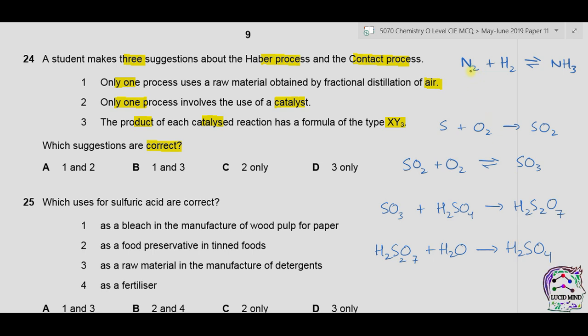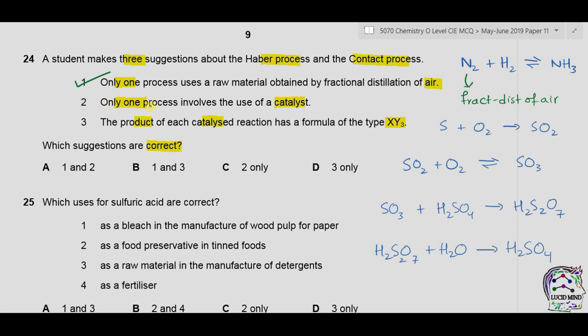Now we can see that the reactant used in the formation of ammonia is nitrogen, and nitrogen comes from fractional distillation of air. While in sulfuric acid we can see that only oxygen gas is present and it is not obtained from fractional distillation. So statement 1 is correct, as only the Haber process uses a raw material from fractional distillation of air.